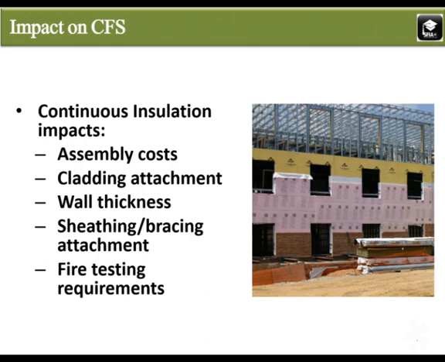Besides higher costs, some of the other issues related to continuous insulation on walls include cladding attachments, thicker walls, sheathing and bracing attachments, and detailing issues at openings that need to be addressed. There are also some fire propagation requirements that are part of the IBC and most major building codes that are introduced with foam insulation.